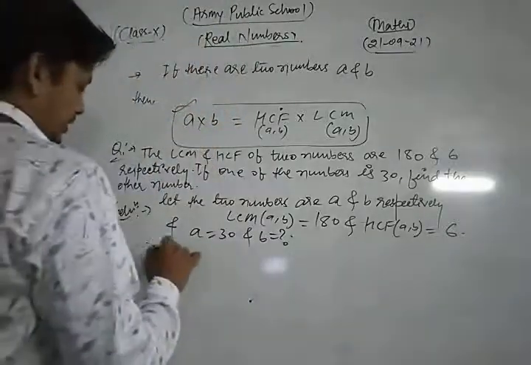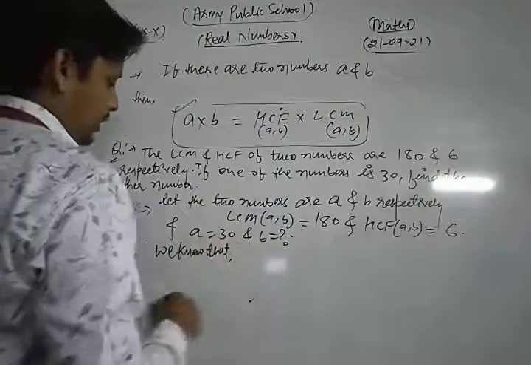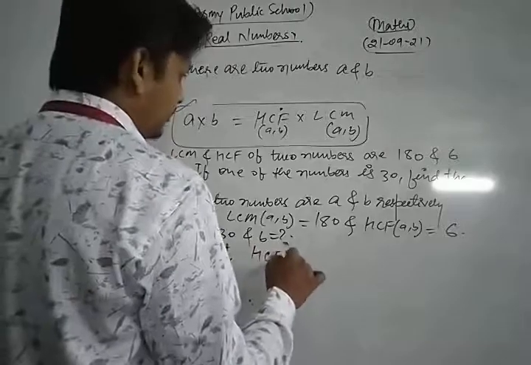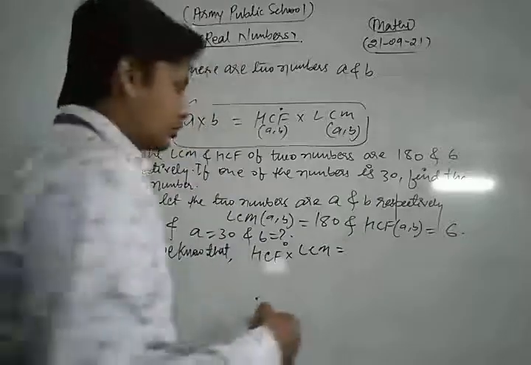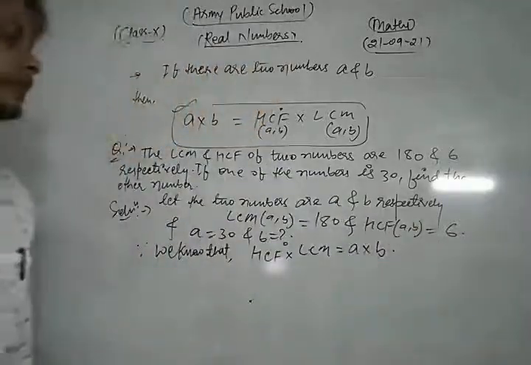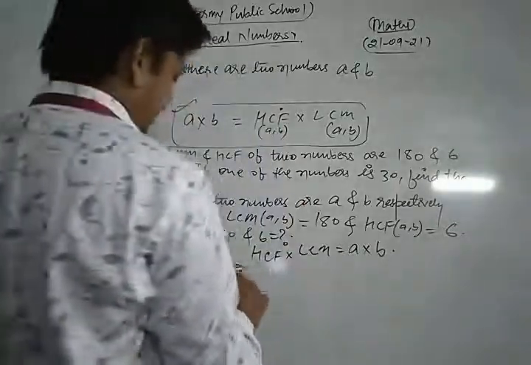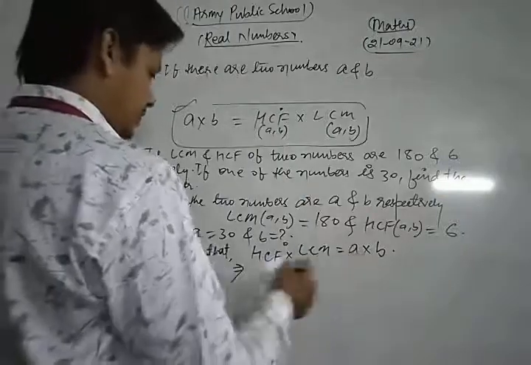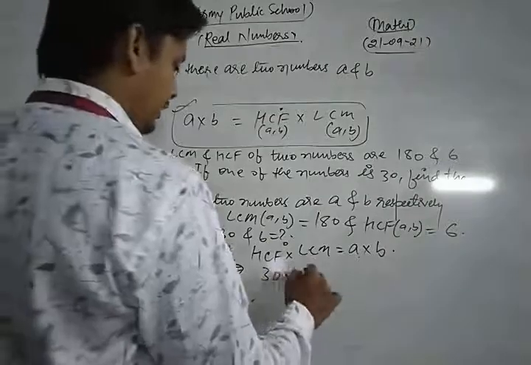Since you know that HCF into LCM is equal to the product of two numbers, that is A into B. So the first number is given as 30, so we put 30, and B is what we are finding.